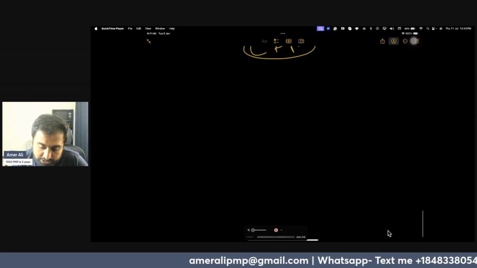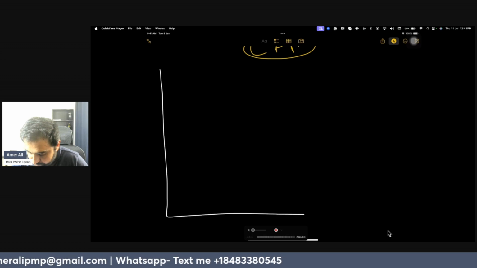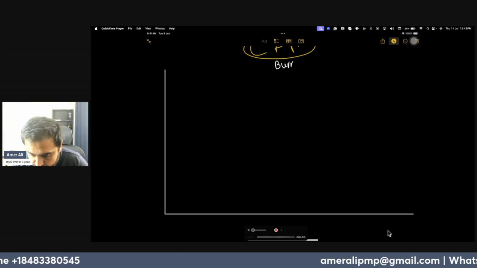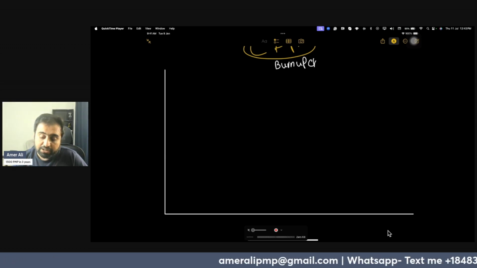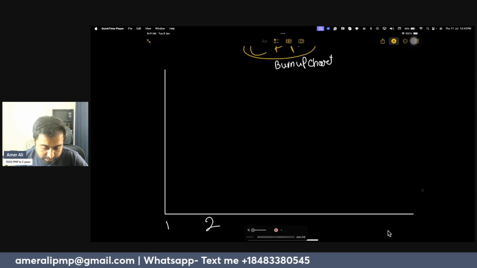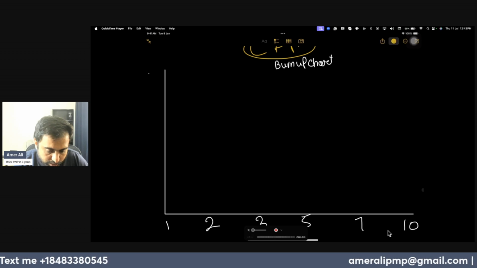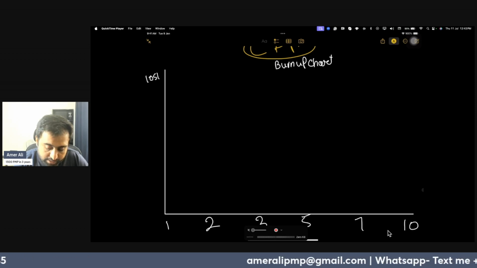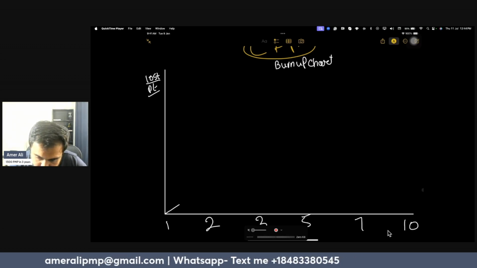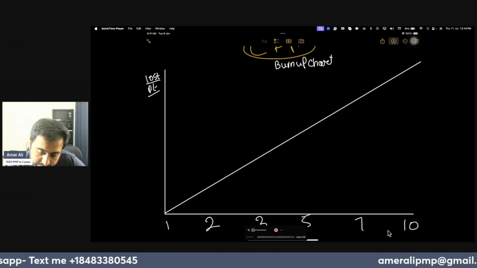Next is our information radiator, which for sure you will get a question on in the exam: the burnup chart. Let's say there is a 2-week sprint, 10 days, and there are 10 stories, 10 story points. The burnup chart shows the days completed; this is the ideal burnup chart.